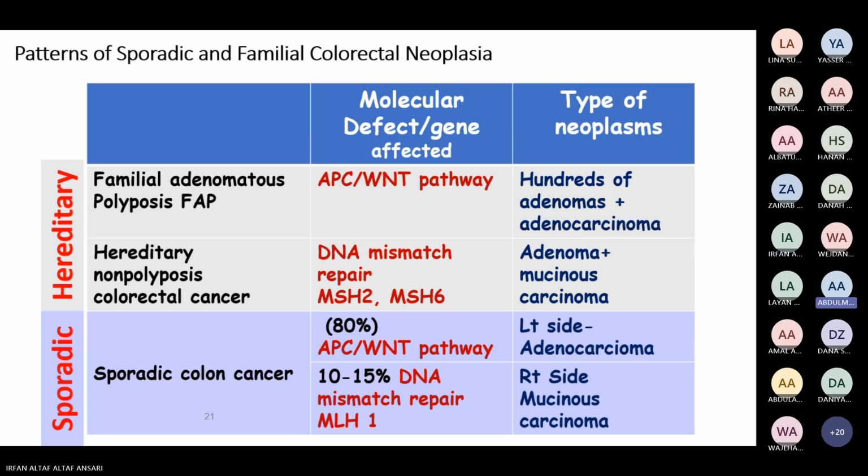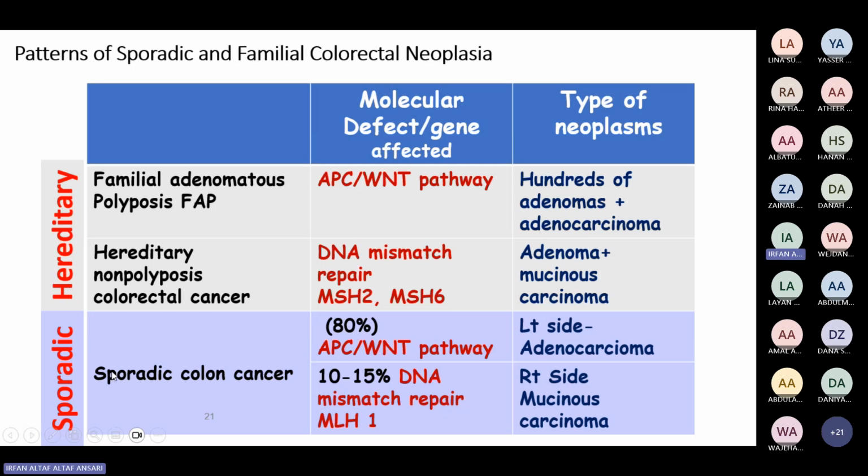MLH1 can be found in both sporadic and hereditary carcinoma. You can also find these genes in the DNA, but the most common ones, MSH2 and MSH6, are associated with hereditary non-polyposis colorectal cancer, the inherited HNPCC syndrome, while MLH1 is in the same pathway, the MSI microsatellite instability pathway, a DNA mismatch repair gene associated with sporadic colon cancer.